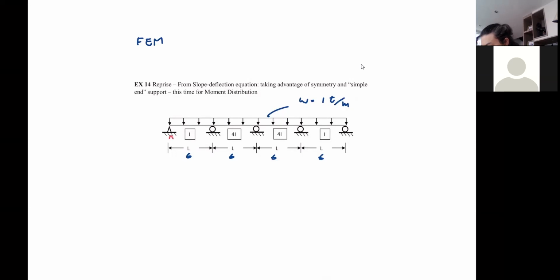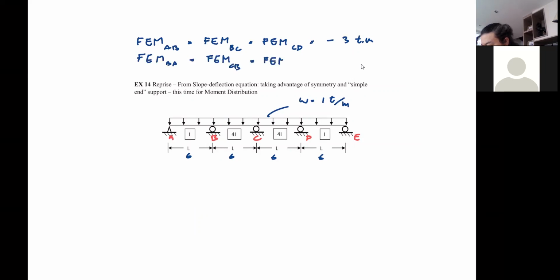As usual, maybe A, B, C, D, and E, so that I can say FEM AB is equal to FEM BC equal to FEM CD, that is -3 ton meter, and then that's equal to let's say FEM BA is equal to FEM CB.